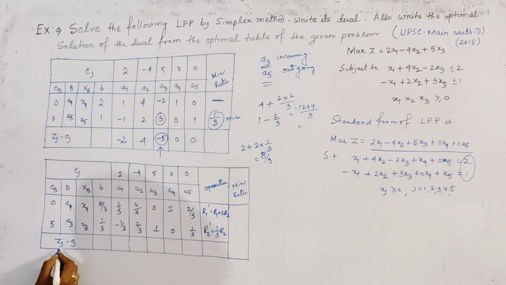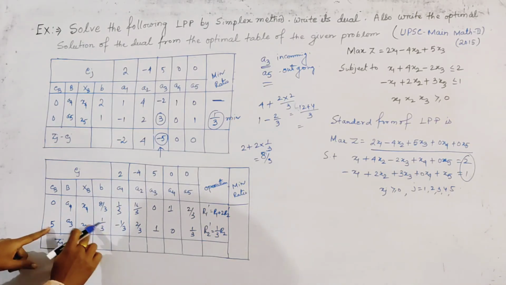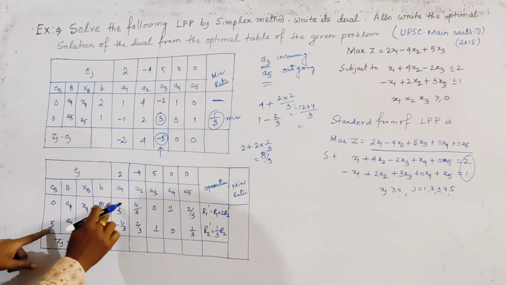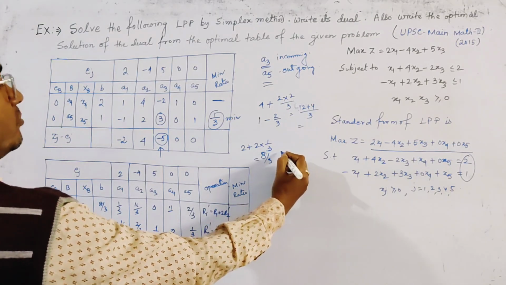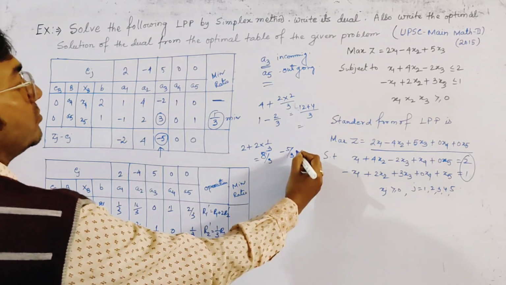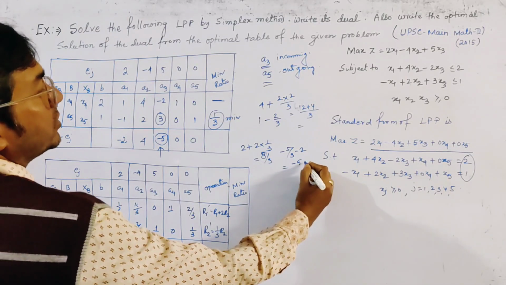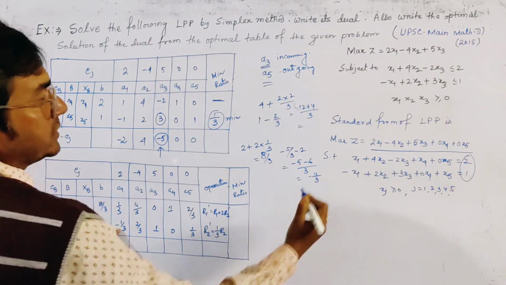Now we calculate Zj minus Cj, that is the net evaluation. Net evaluation is given by 5 into -1/3 plus 0 into 1/3 minus 2. So we calculate here minus 5 by 3 minus 2. So we get -5 minus 6 by 3, so this is minus 11 by 3.